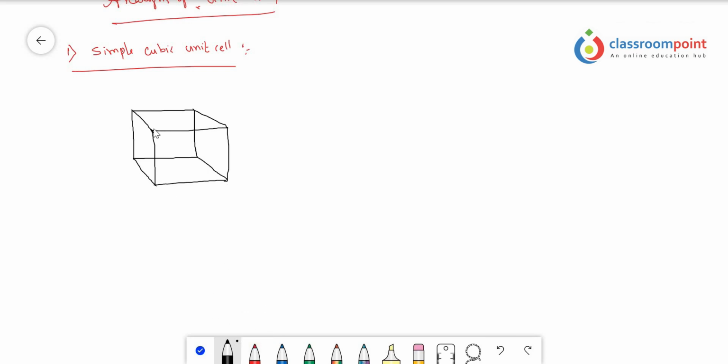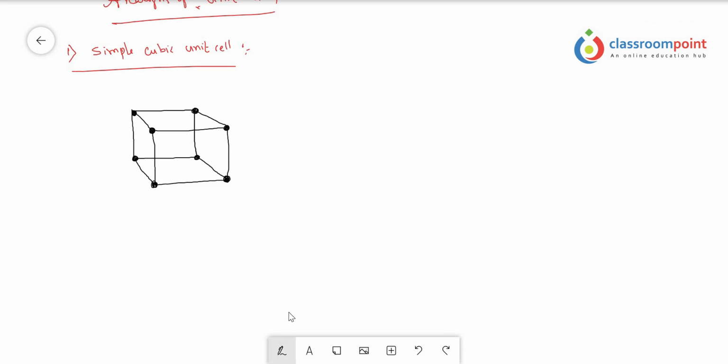In this simple cubic unit cell, the definition of simple cubic unit cell is that each corner is occupied by one constituent particle. Like this.